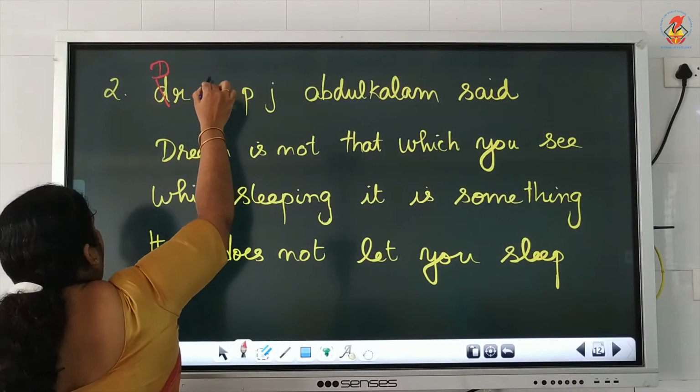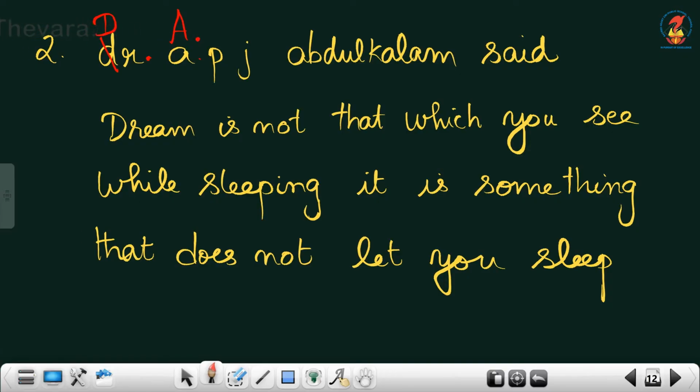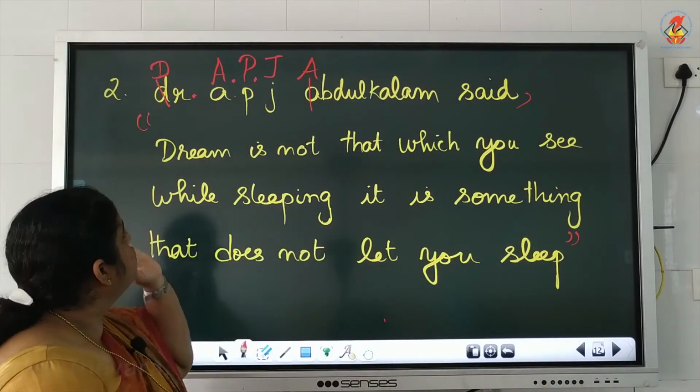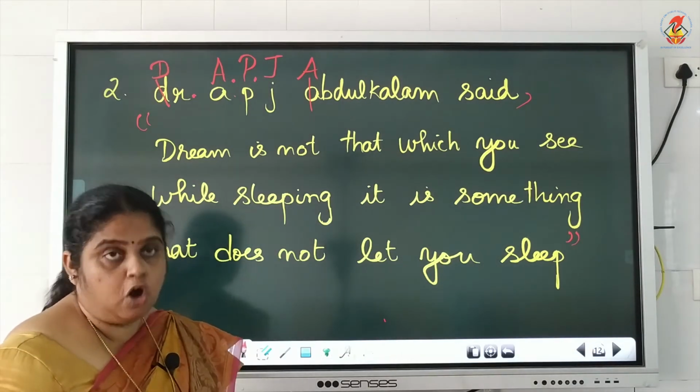Then, APJ, A should be capital, full stop, P, J. Then Abdul Kalam, A should be again capital. APJ Abdul Kalam said, and after said, there should be a comma. What did he say? Whatever he said should be put in inverted commas, because here he is telling his own words. So, it should be put in inverted commas.